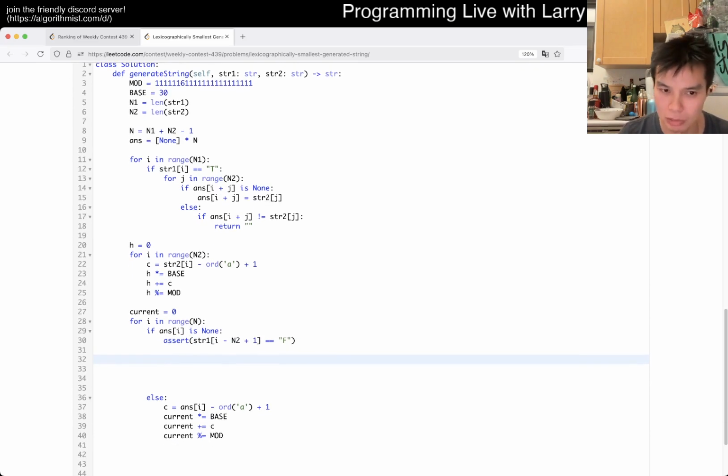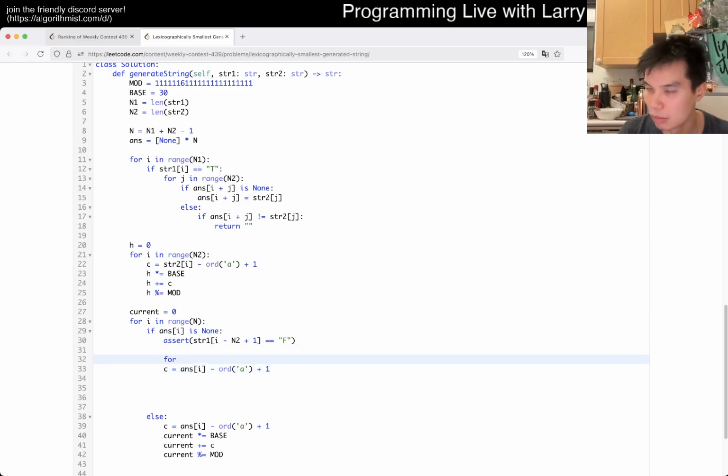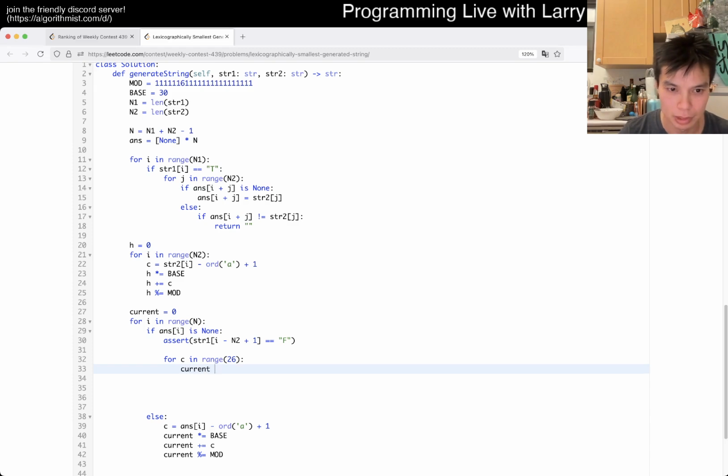So then now we want to make sure that, okay, so we shift, oh no, this is none, so for oh, nope.